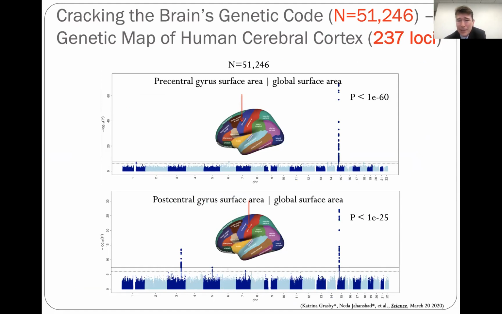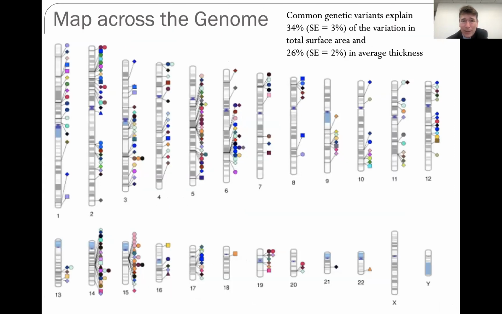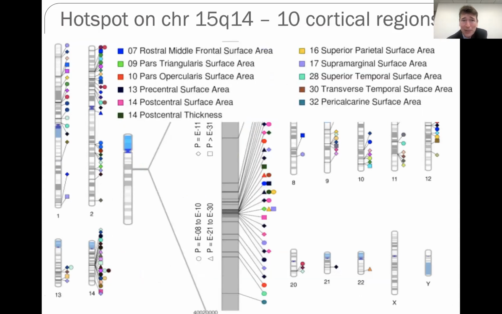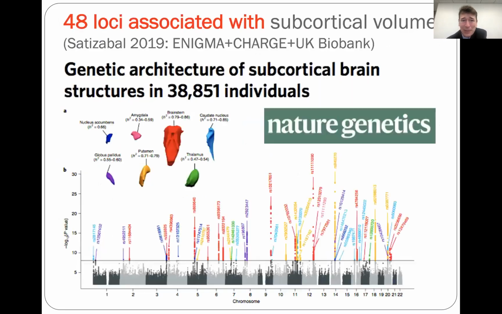And the little Manhattan plot on the x-axis indicates locations on chromosome 15, where single letter variations in the genetic code are associated with differences in the surface area of that part of the brain. And as you travel around the cortex, and for that matter, the rest of the brain, the genetic markers vary a little bit. And you can make composite genetic maps of the influential loci. Extremely interesting to look into these, whether they cluster in certain parts of the genome.